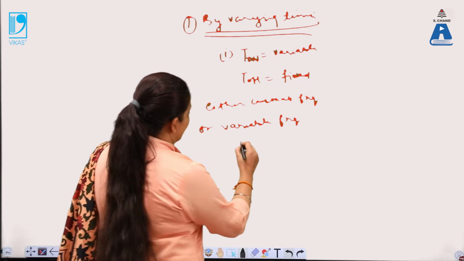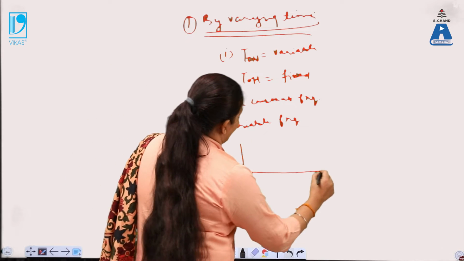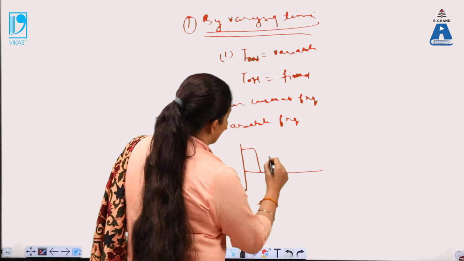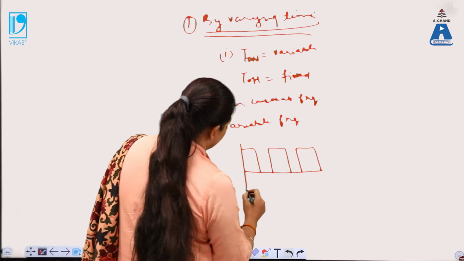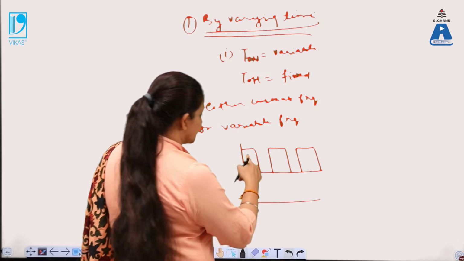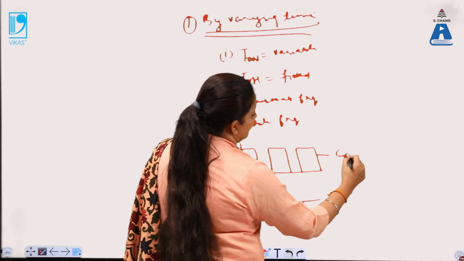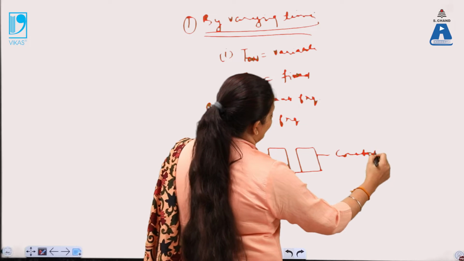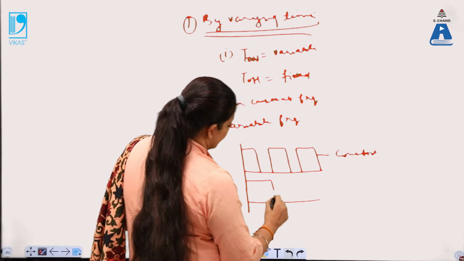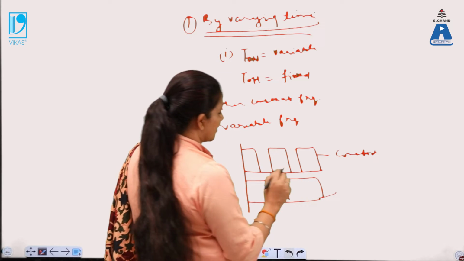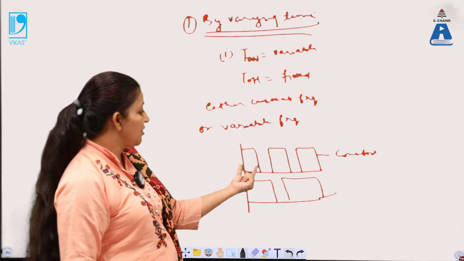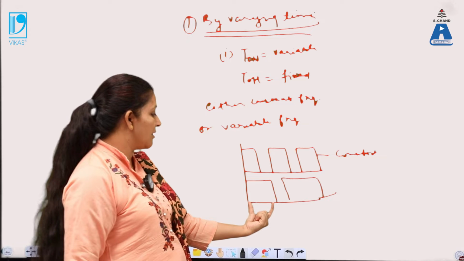Means the output value, here you can see that this is the output value, and this is for the constant and the second one is for the variable. So in both cases you can see that this T on is variable.